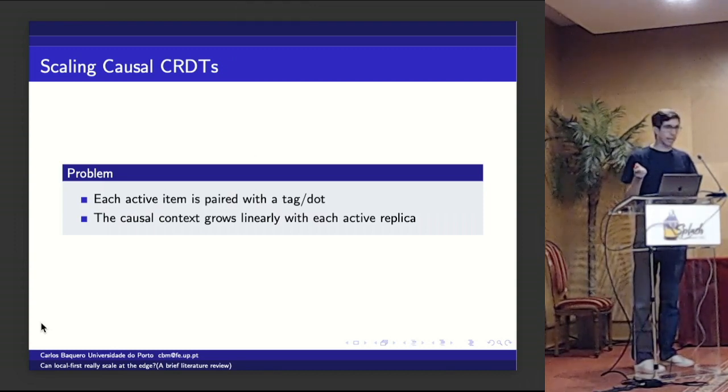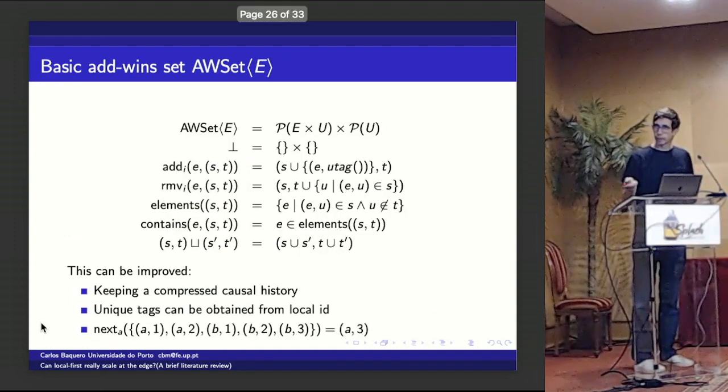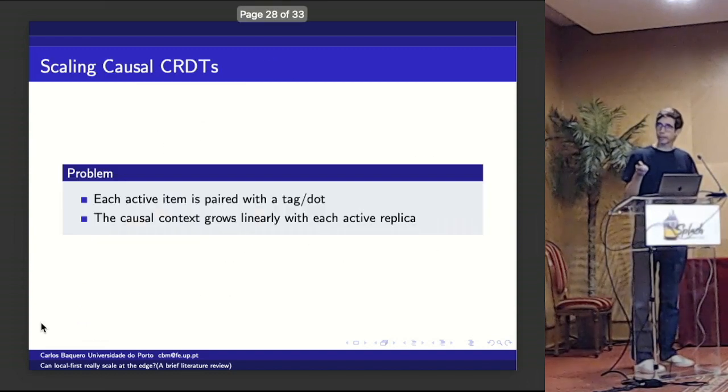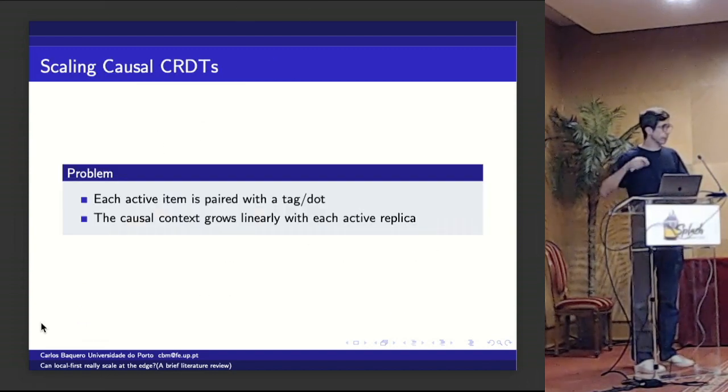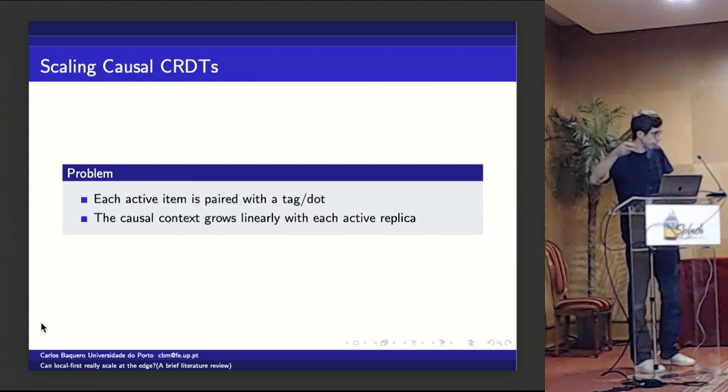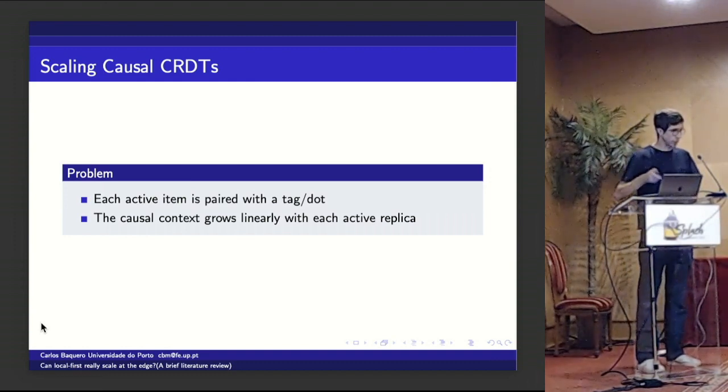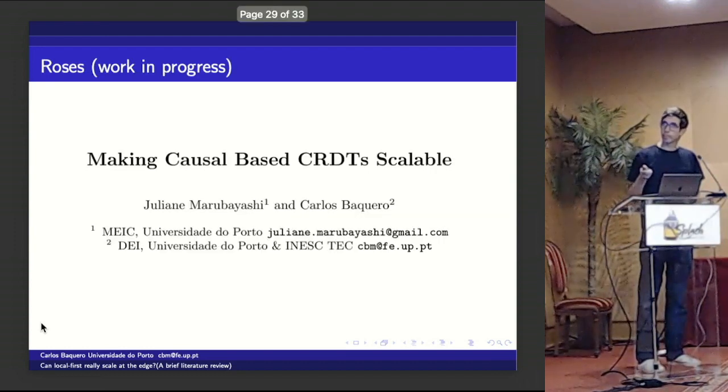So what is the problem with scaling causal CRDTs? Each active item is paired with a tag dot, okay? And the causal context, that thing over here, that collects all the things that I've seen in my local CRDT, is linear on the number of replicas that were active and that communicated with me. Okay, I might not have known about it, but if I got information from them, it's linear with them.